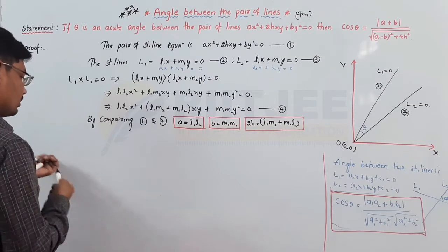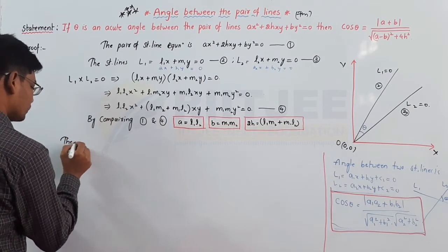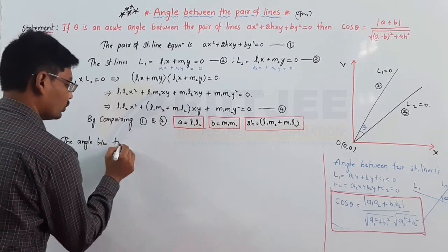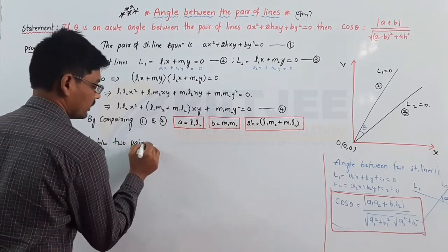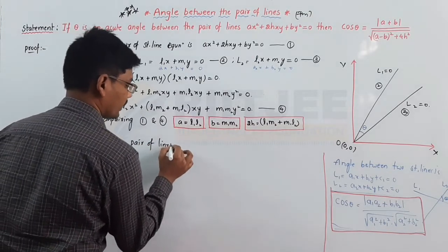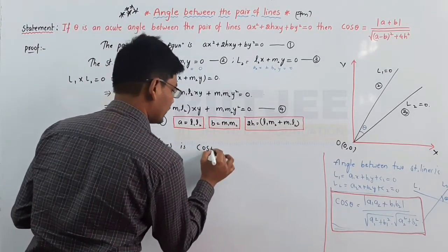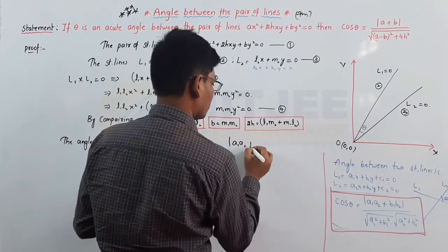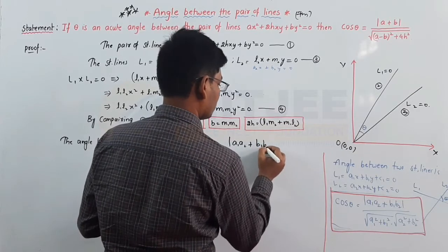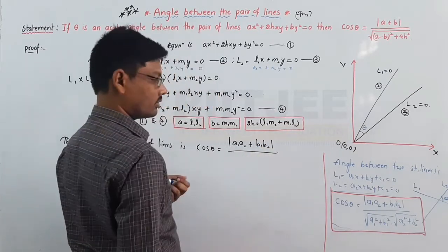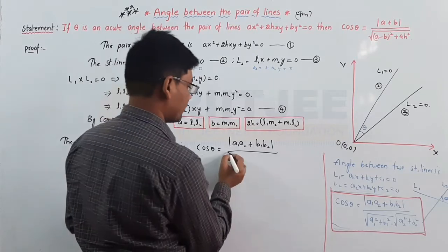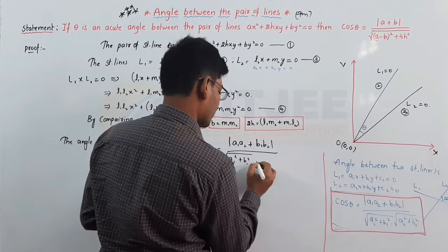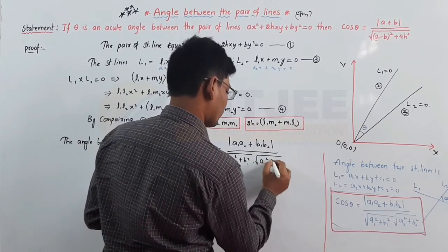The angle between the pair of lines is cos theta equal to modulus of (a1 a2 plus b1 b2) divided by square root of (a1 square plus b1 square) into (a2 square plus b2 square).